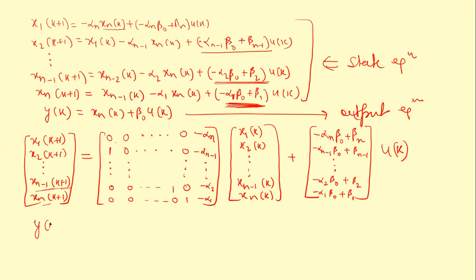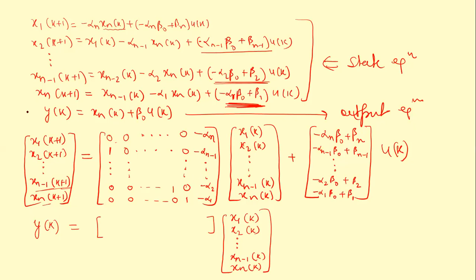So yk is equal to like this. So we have the state vector x1k, x2k, and xn minus 1k, and then finally xnk, right?